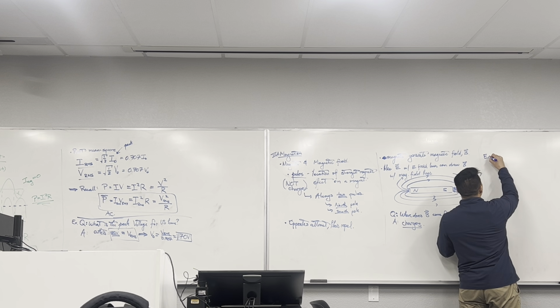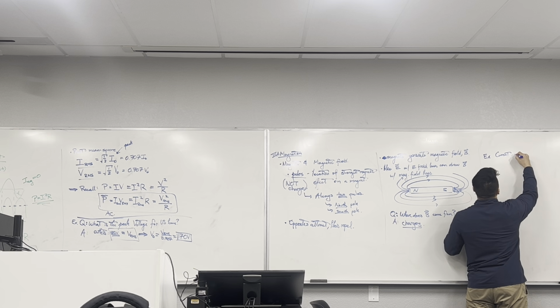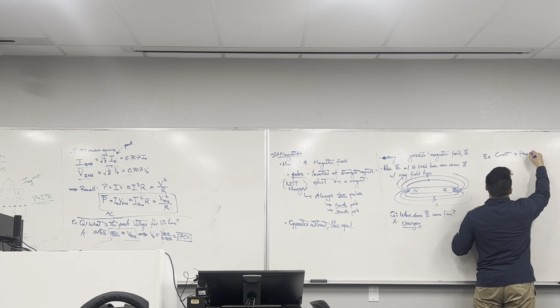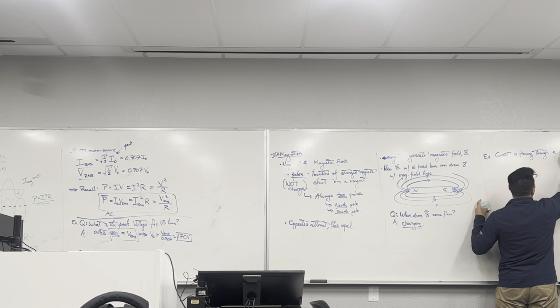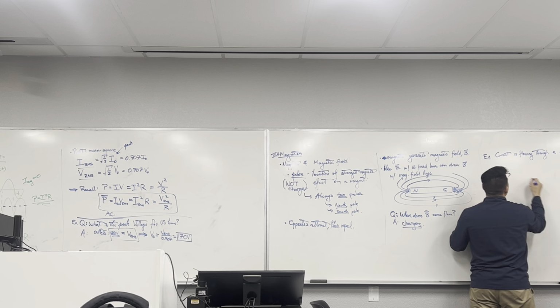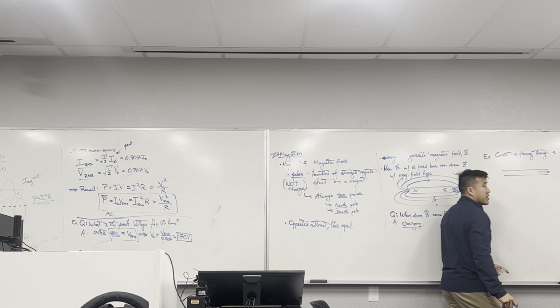Okay, so let's look at an example. Let's say a current is flowing through a wire. And so this is our wire, the current is going in that direction.